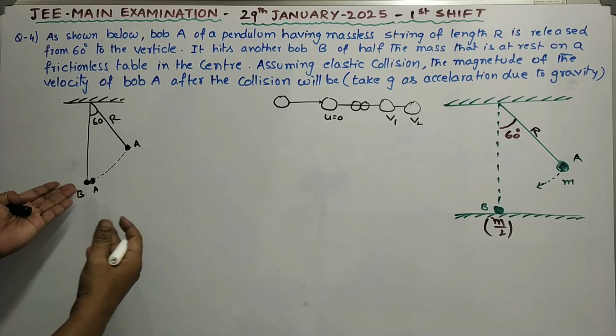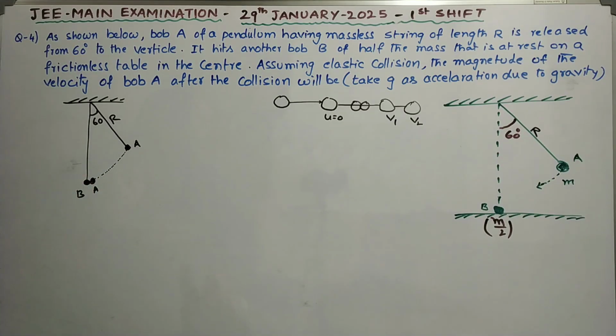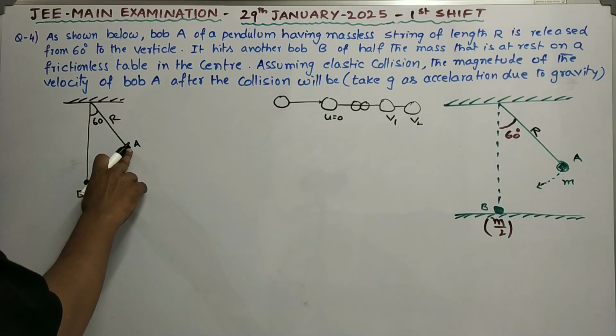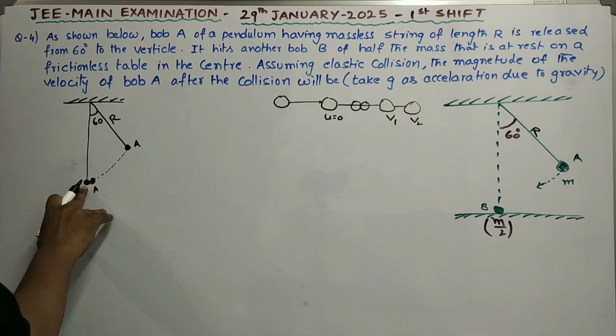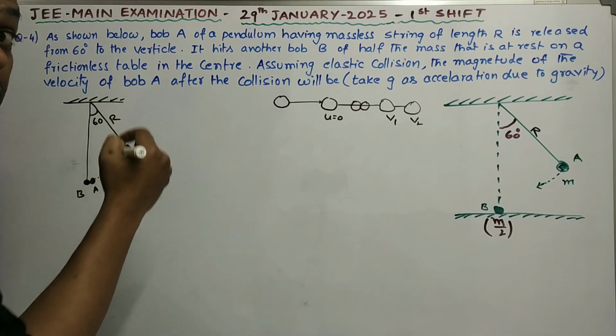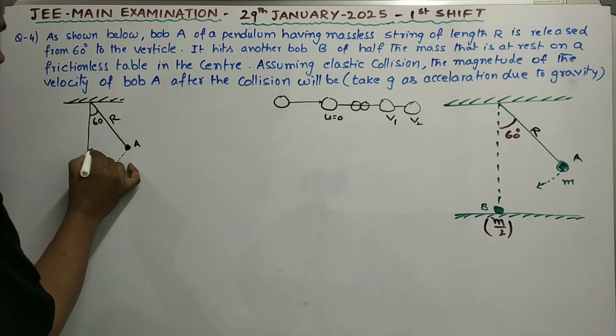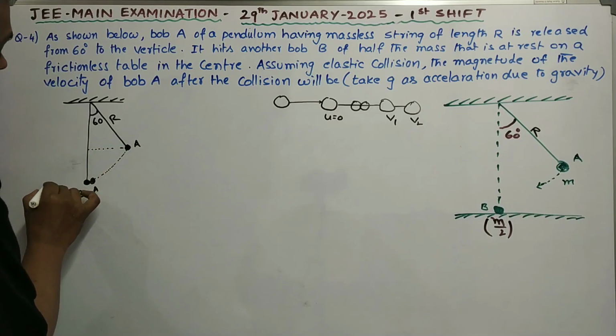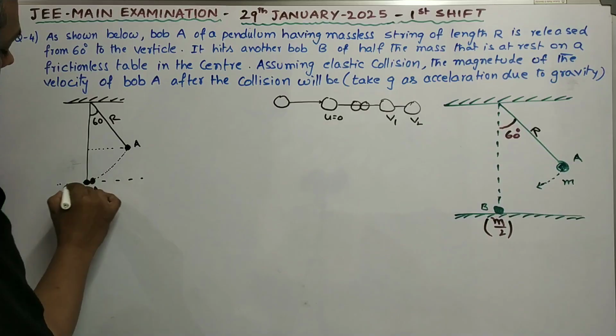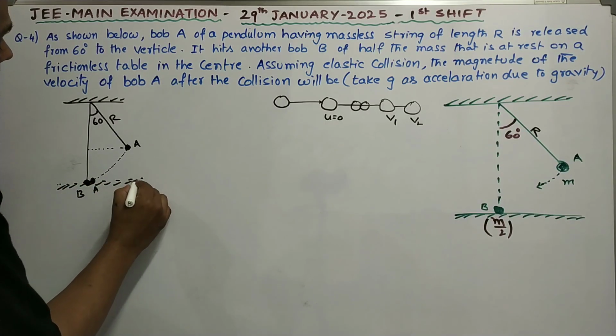After the collision, find the velocity of bob A. So you want to calculate the velocity with which bob A hits bob B, using conservation of energy. Initially, before this bob is released, it has some height h above the ground, isn't it? Why? Because bob B is on the ground only.